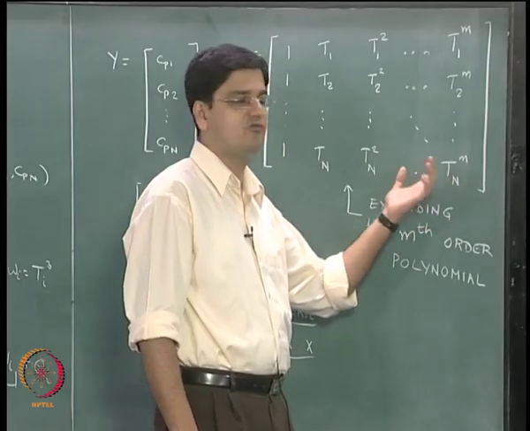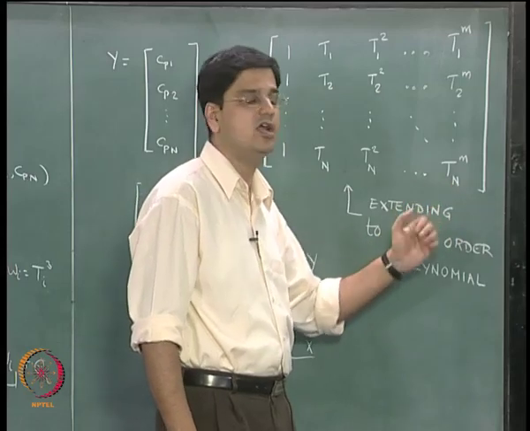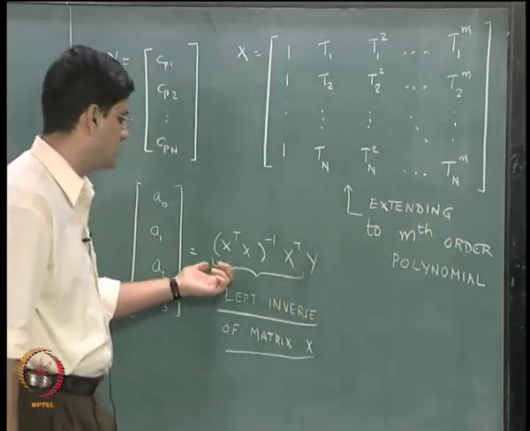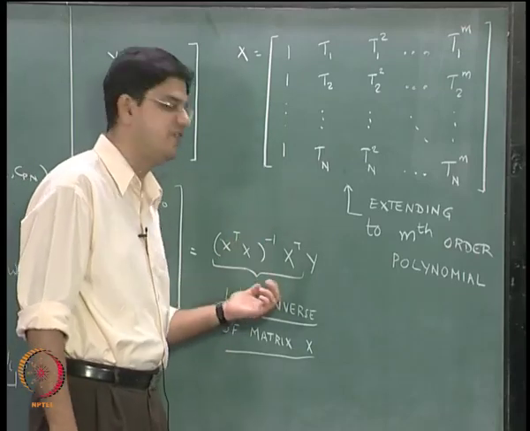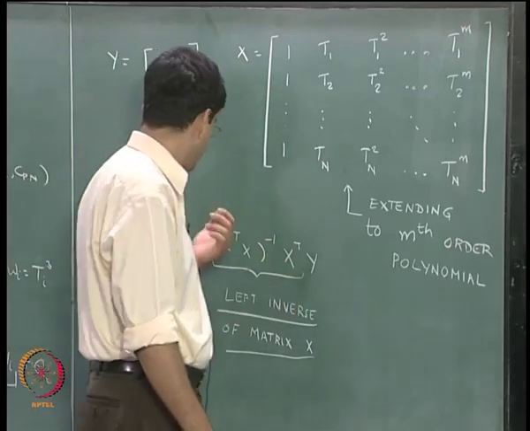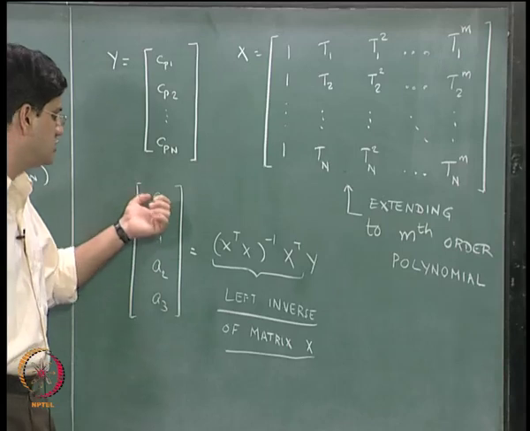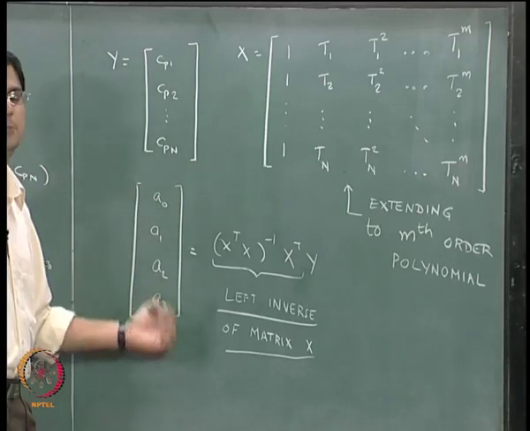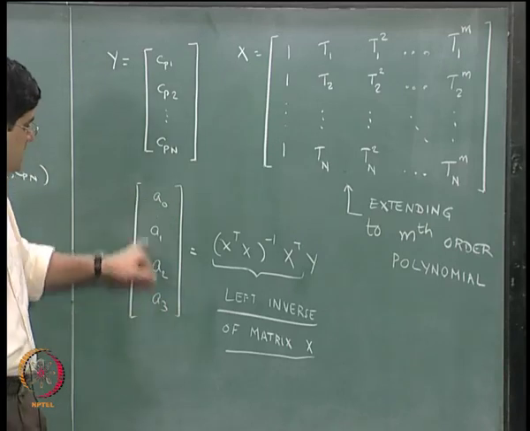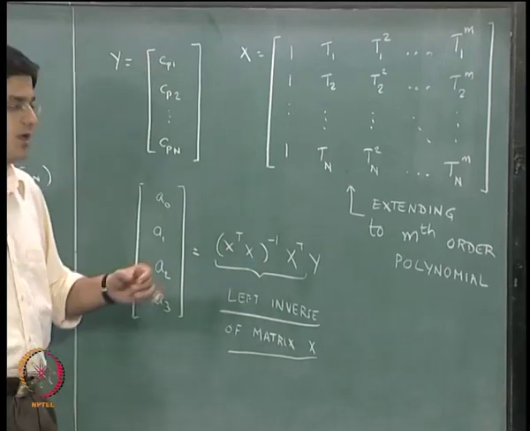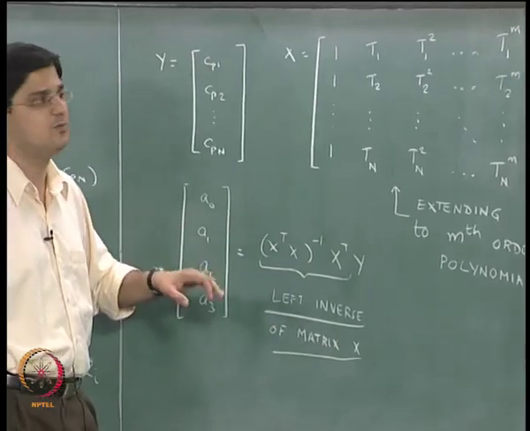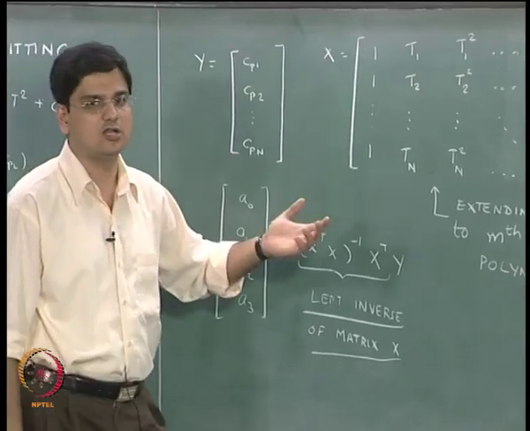If we do not have that condition satisfied, the left inverse of the matrix will not exist, and if the left inverse does not exist, there will not be a least squares solution a0, a1, a2 up to a(m+1). Keep in mind that the number of coefficients that we are going to find through this procedure is one more than the order of this equation.